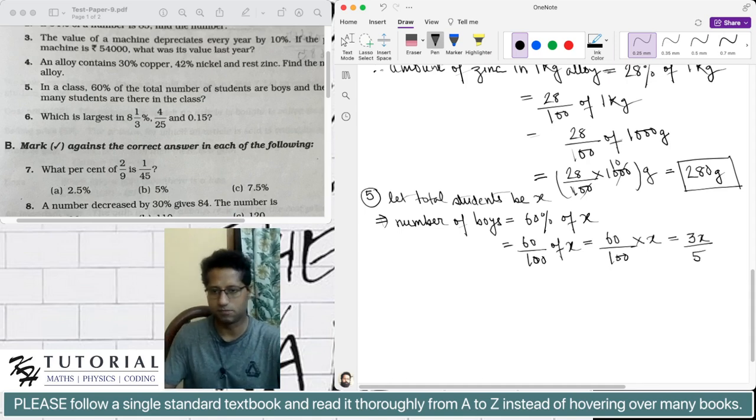So the number of boys is 3x by 5, where X is the total number of students.